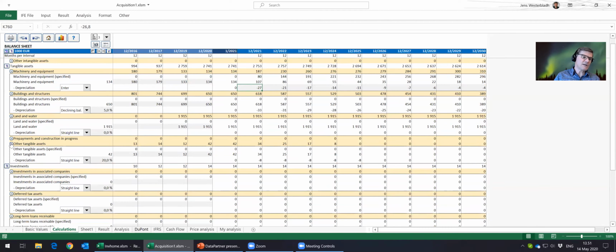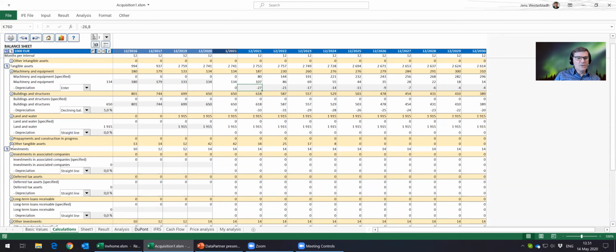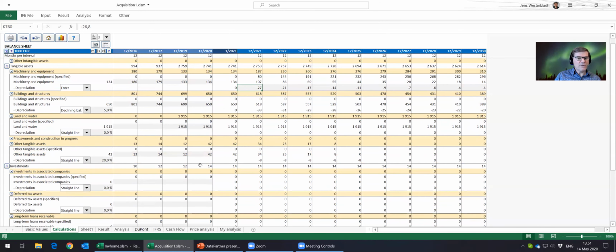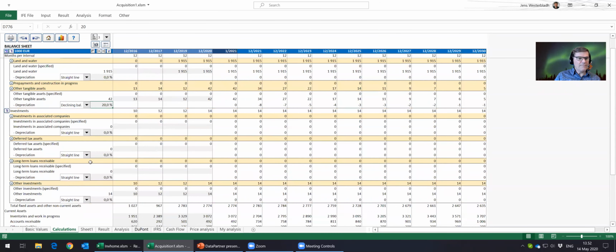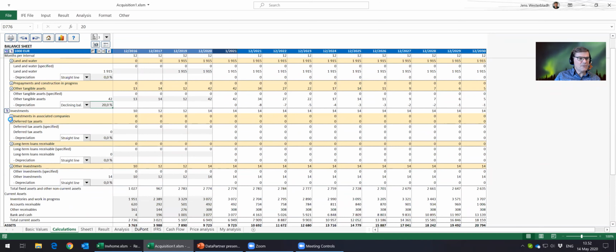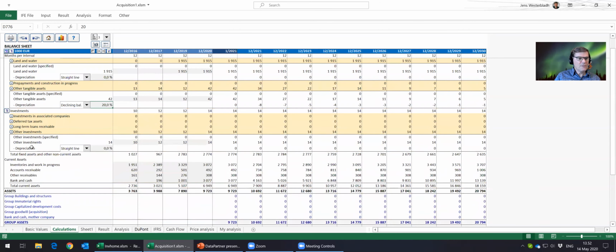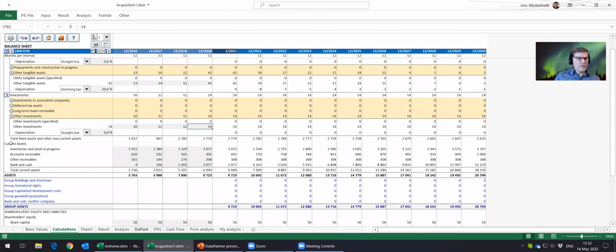Also, these items can be renamed so that they suit you better. Other intangible assets. Let's make that falling also. And investments, deferred taxes, long term. Other investments not depreciated. Then if you go forward, we have the current assets.